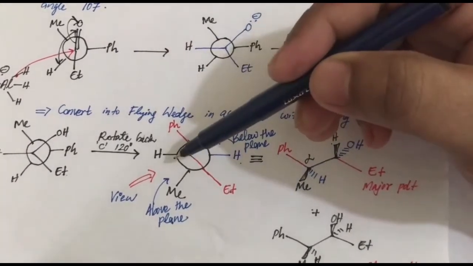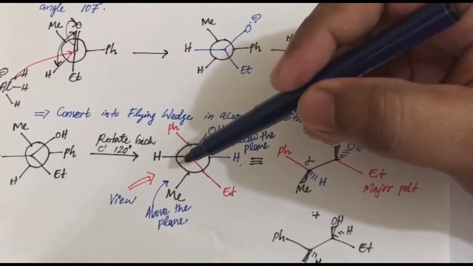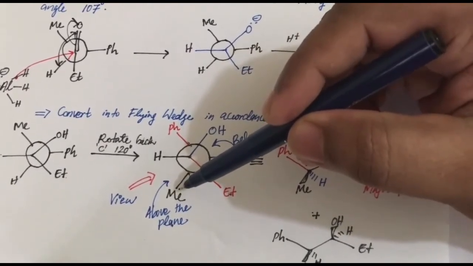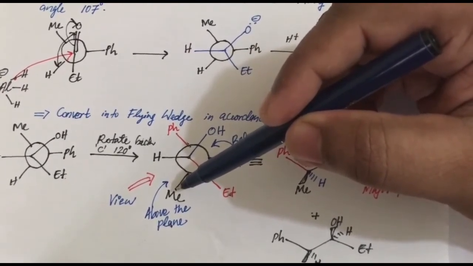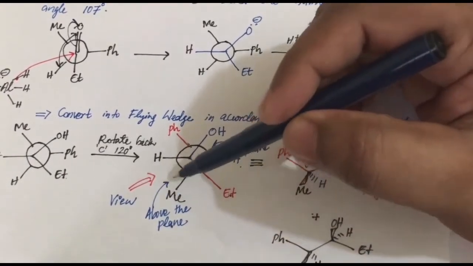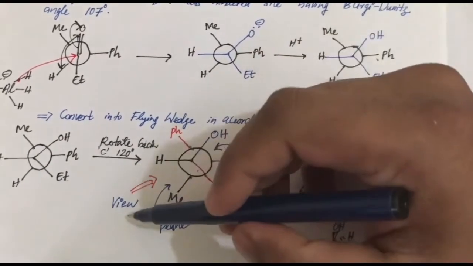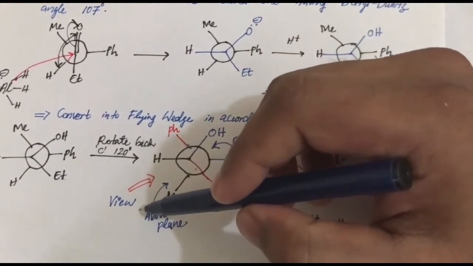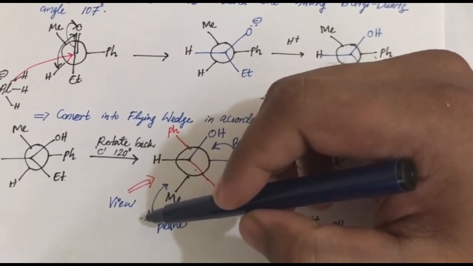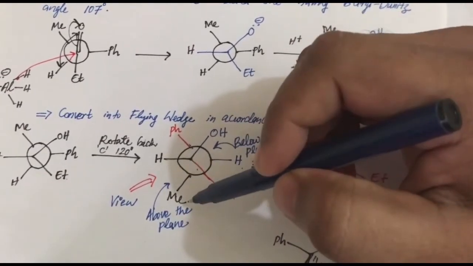In order to retain their stereochemistry, we want to observe from that side, that is, Me is wedge, so we want to observe the position of Me. We know that Me is here. This is our alpha carbon, back carbon, so Me is here. So we want to observe this molecule from this side.